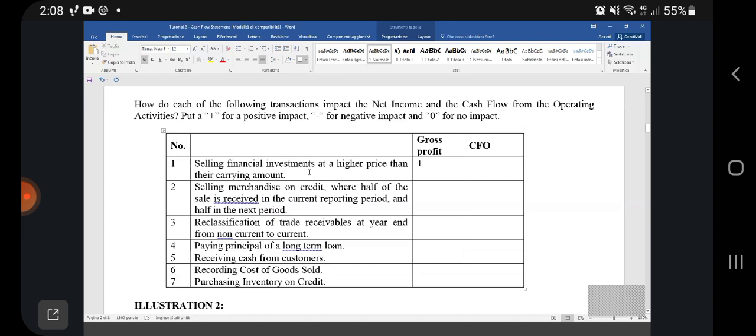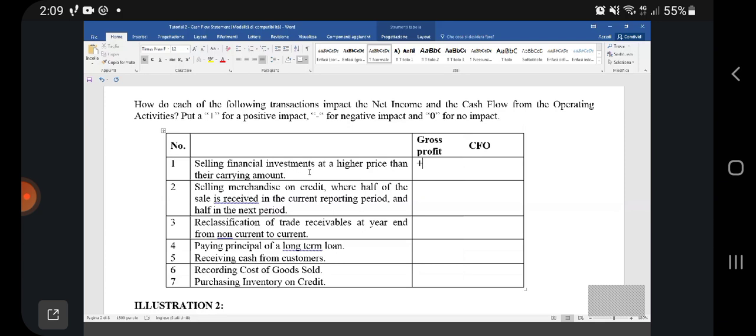No. Why not? Because gross profit is the difference between revenue and the cost of sales, whereas the gain from financial investment is somewhere below that. So nothing changes in the gross profit.